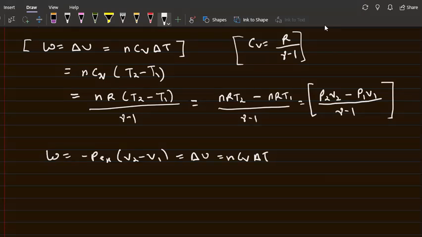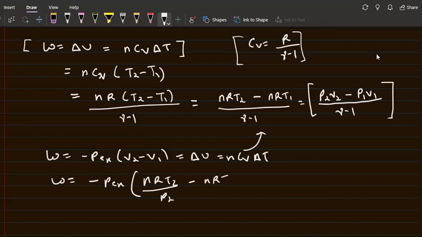But using this formula, we can write W is equal to minus P external nR T2 by P2 minus nR T1 by P1. Got it, everyone? So depending on the information given in the problem, you can use both the formulas.